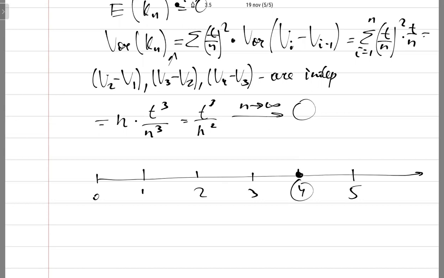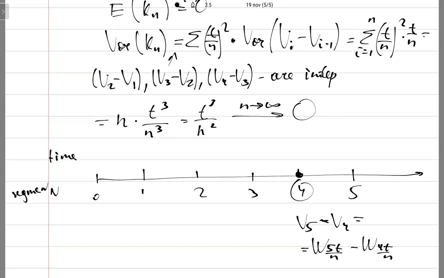Let me consider what V5 minus V4 is. It's W5T over n minus W4T over n. This is the segment number 5, with times 0, T over n, 2T over n, 3T over n, 4T over n, 5T over n.